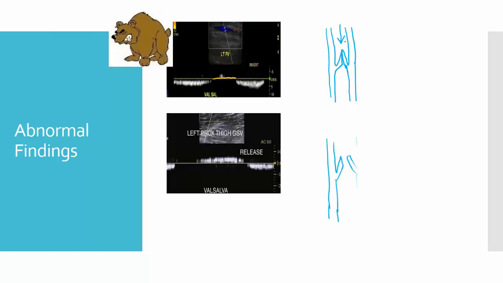So now what happens is we take a deep breath in and bear down. If those valves are not coapting or coming together completely, what happens is we get this flow reversal. So we actually get retrograde venous flow getting through those incompetent valves. So this is venous insufficiency.